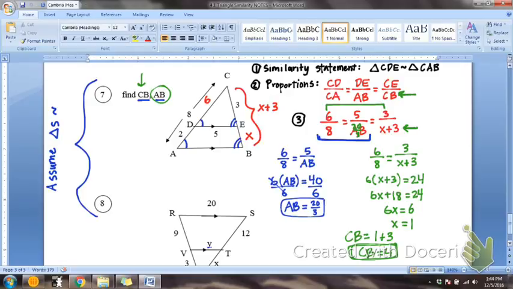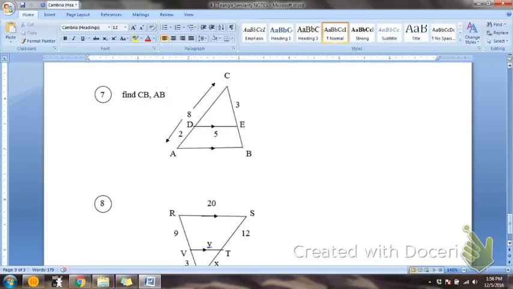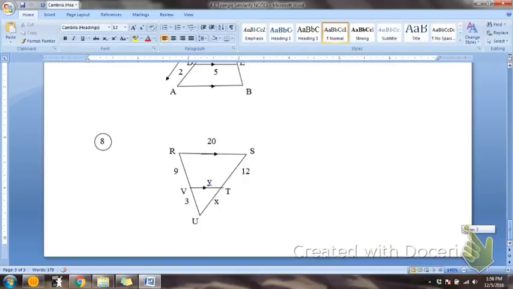Okay, why don't you try number 8? I'm going to get you started with the similarity statement, and then I want you to do the rest of it. Okay? So I'm going to get you started on number 8. Let's go ahead and mark angles that are congruent, that we know to be congruent. This one down here, this one here.